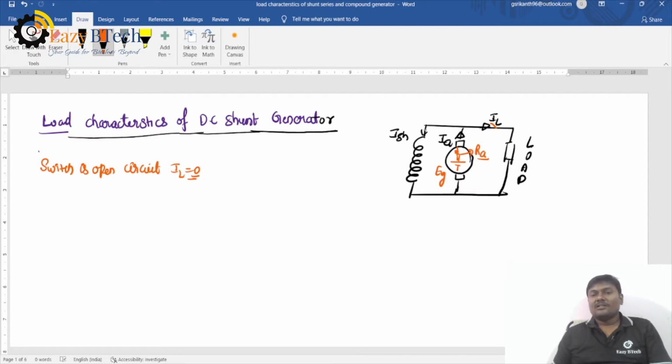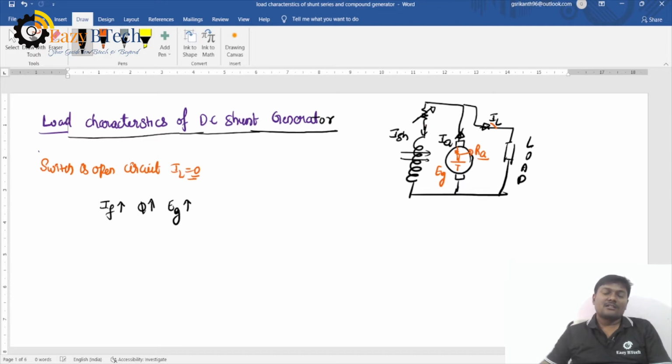And one more thing, you can connect one variable rheostat here, in order to get the variable flux. The field current is varied, and the flux is also varying, meaning the number of flux lines increases, or the generated EMF also increases.